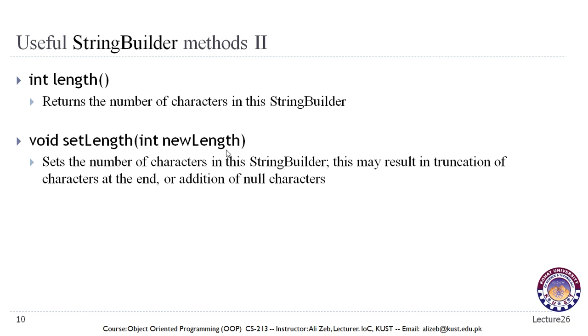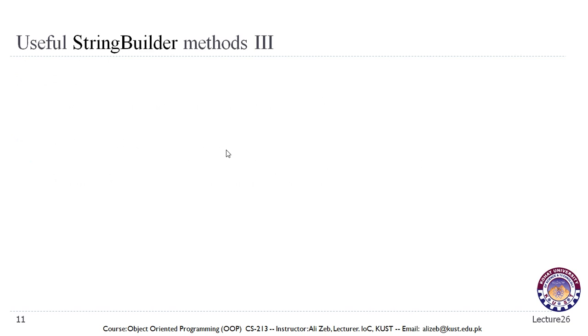As we saw, when we reduce the size of a string builder, we may lose information, because it can truncate the characters at the end, or if we increase the size to more than whatever the value in the string builder is, it might add null characters at the end of our string builder object.